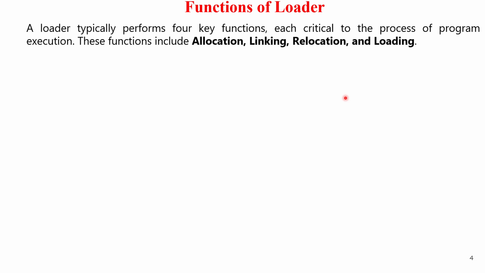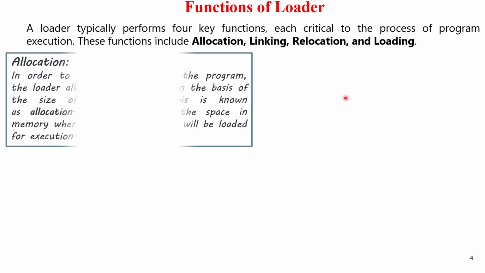Whatever is the size of that exe file, that much space is looked for by the loader in the main memory. When the loader takes up that file from the hard disk and loads it into the main memory, this process is known as allocation.